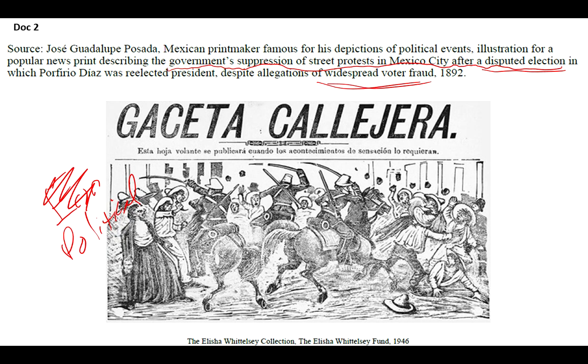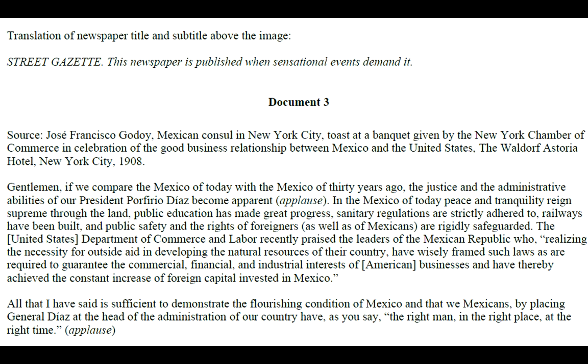Okay, so let's see what we have in the other. All right, hit pause and read it. All right, so we've got the Mexican consul in New York City, basically somebody who represents the government. This is a banquet given by the New York Chamber of Commerce. Remember, commerce is business.